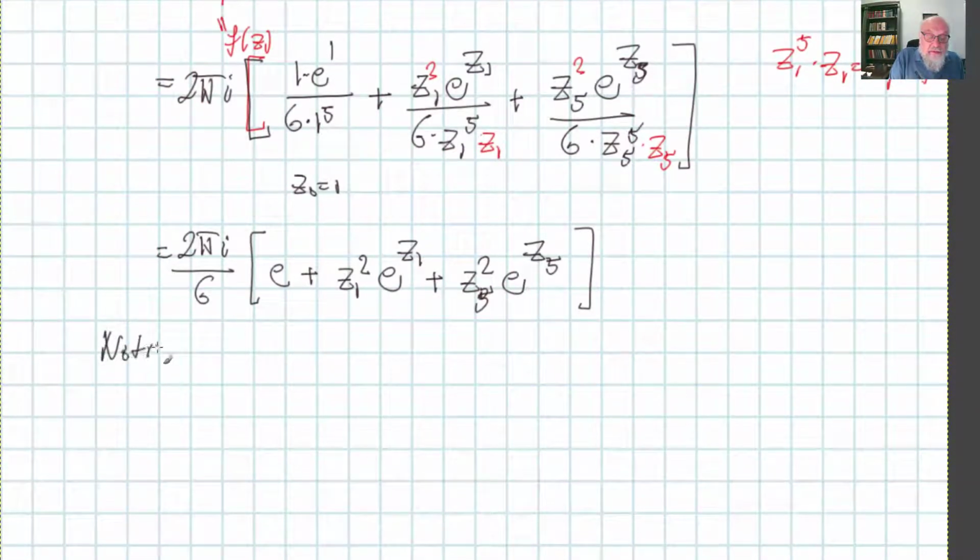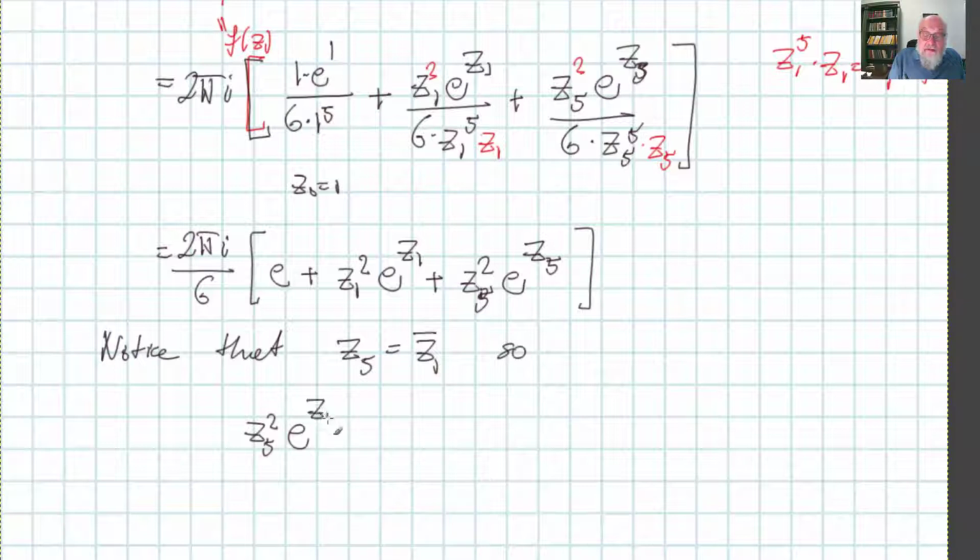Notice that Z5 is exactly the conjugate of Z1. So Z5 square e^Z5, conjugate, will be the same as Z1 square e to the Z1.